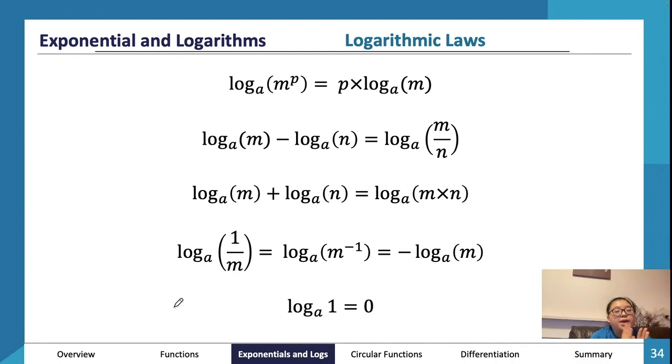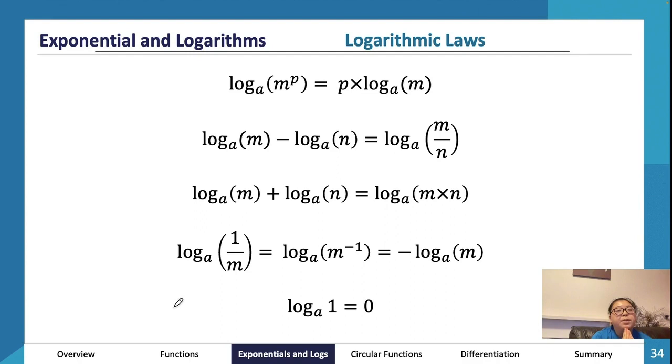So if we have m to the power of p, what we're going to have is just p times log a m, and that relates to the third law there, log a m plus log a n equals log a mn.